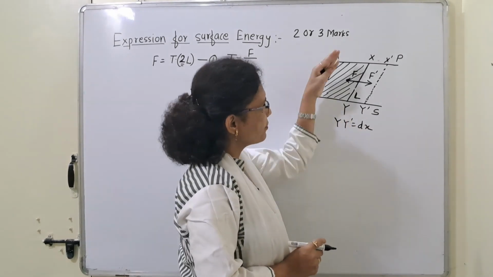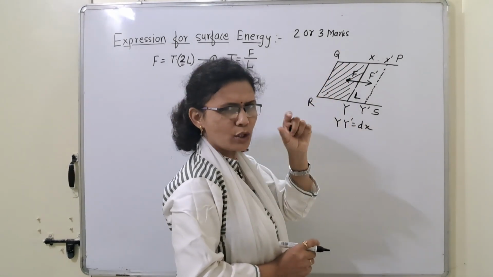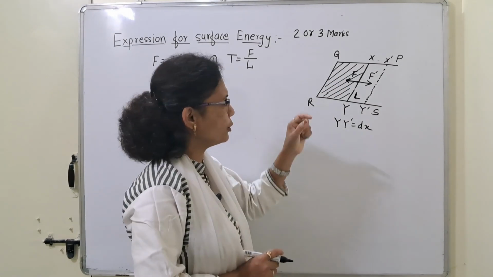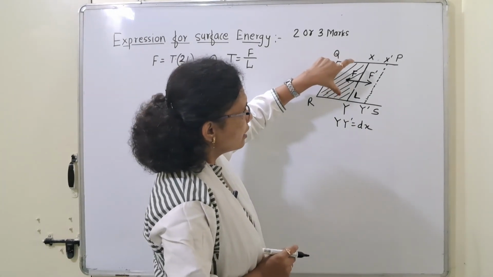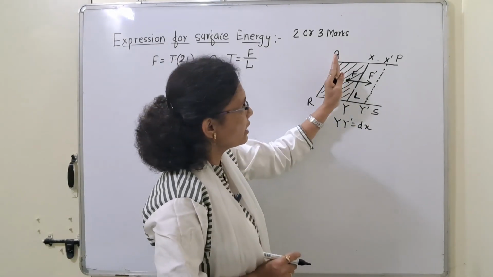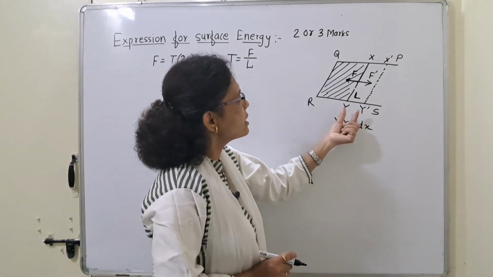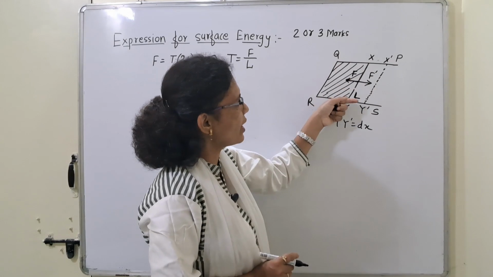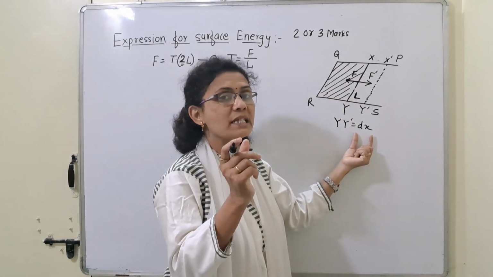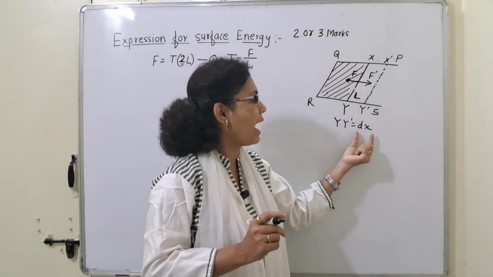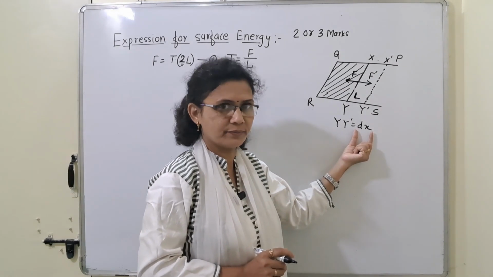A small displacement of this arm we are considering. The new position is X dash Y dash. So this new position X dash Y dash will create some displacement of this arm as dx, right?